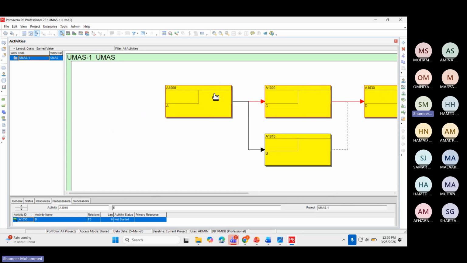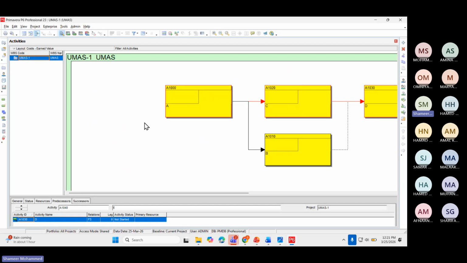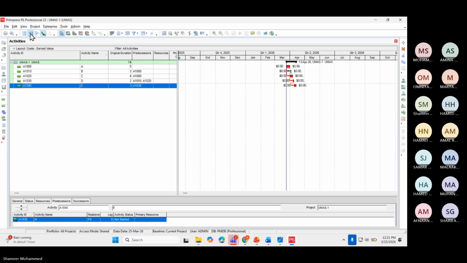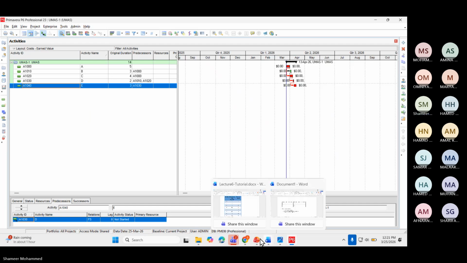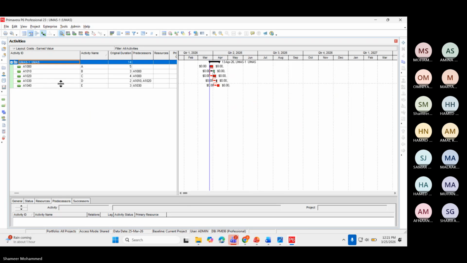So like this, the network diagram and the critical path can be created using Primavera software. So this is the diagram. If you want the table like this, if you want the Gantt chart like this, you have practiced this one, no?